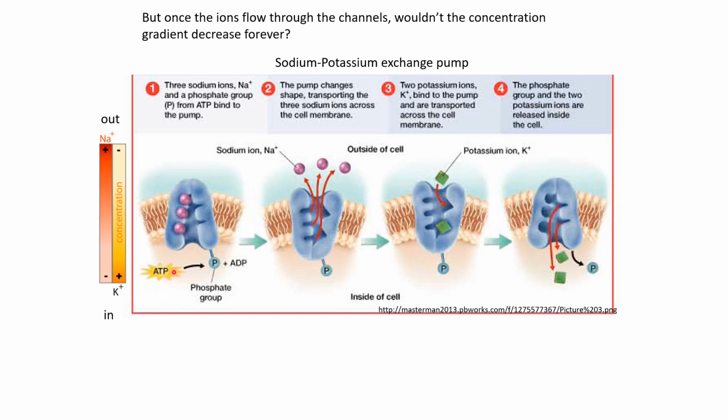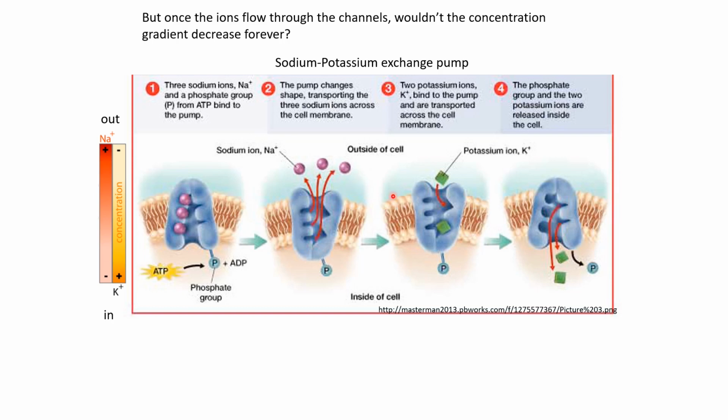So a phosphate from the ATP group binds to this protein, the pump, and 3 sodium ions also bind to it. And with the binding of this phosphate group from the ATP, the configuration of this pump changes. This protein configuration changes, and it sort of opens up towards the outside and throws out the sodium ions.